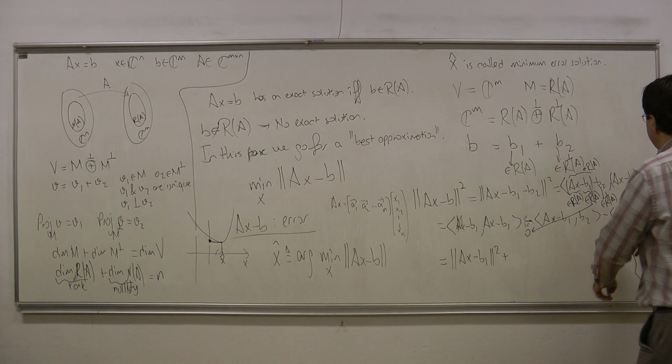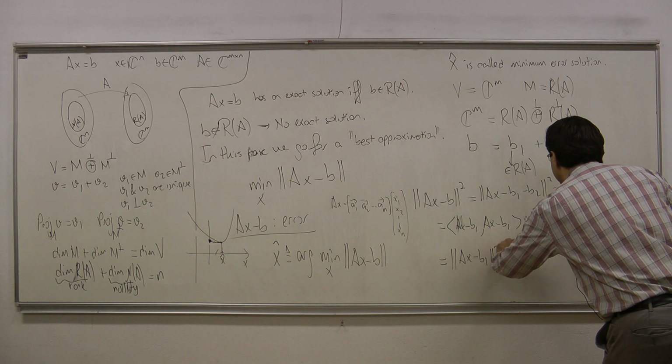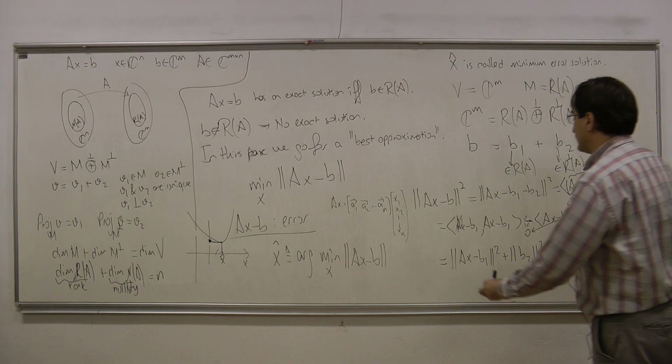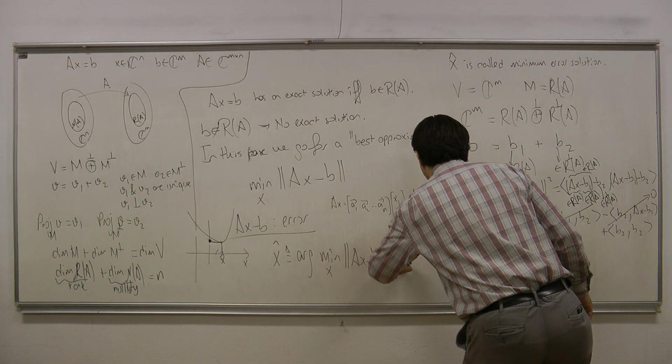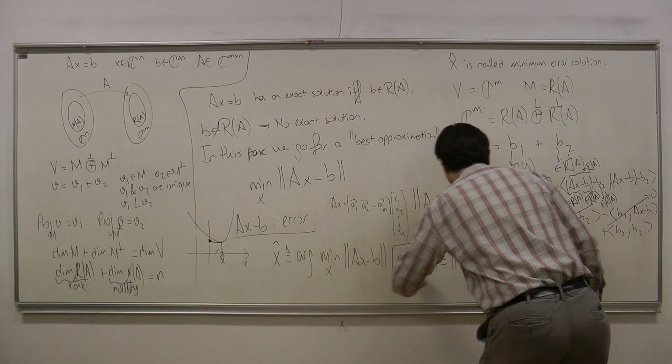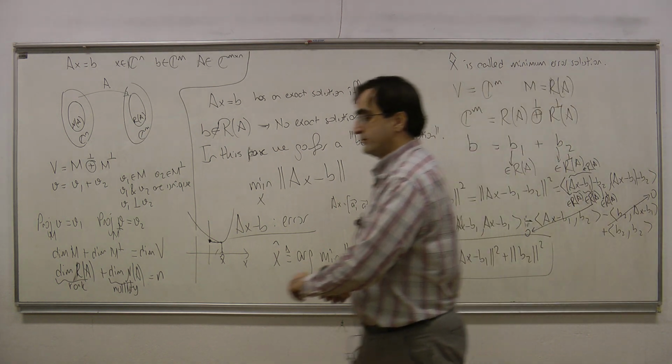Plus, I have b2, which is going to be b2 square. All right? So this is the cost function that I would like to minimize: ax minus b square. And that is going to be important for us.